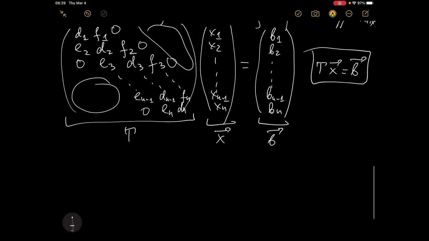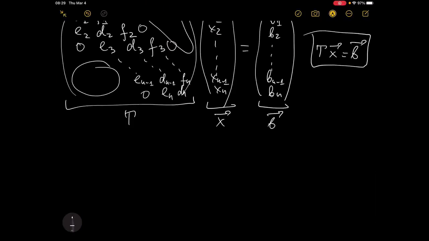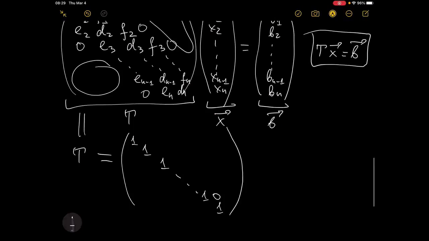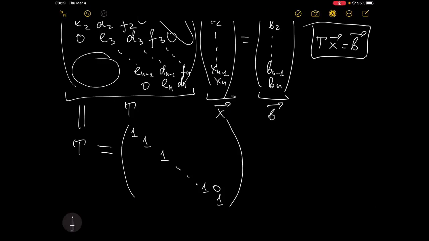Now, one could use the standard Gaussian approach for LU factorization, but really, we can try to represent this matrix T in the following form. It appears that you can do this. It appears that the L matrix, a unit lower triangular matrix, will have the following form.